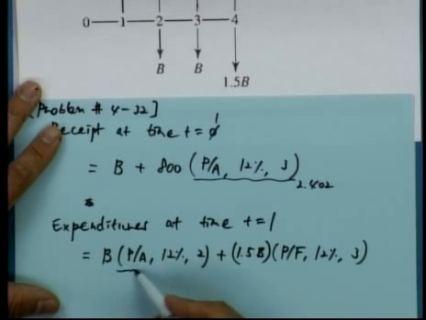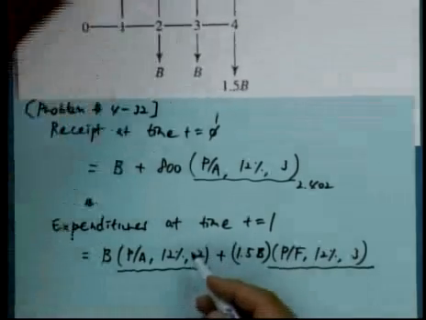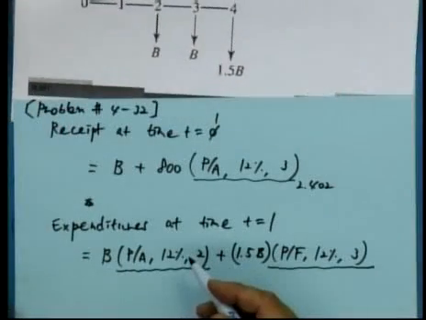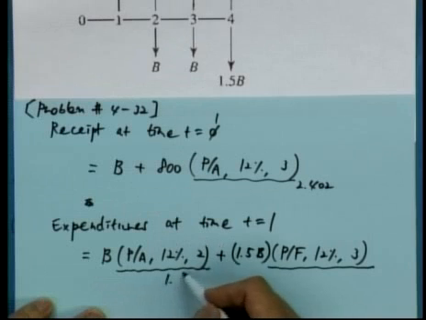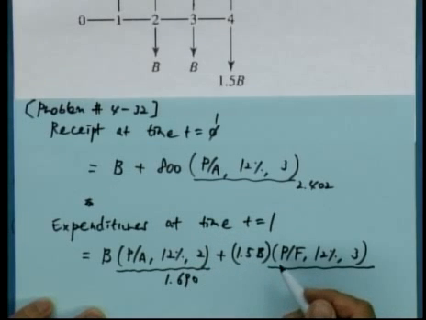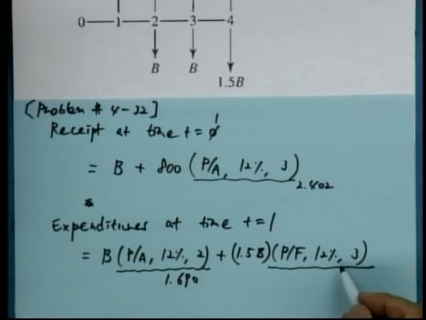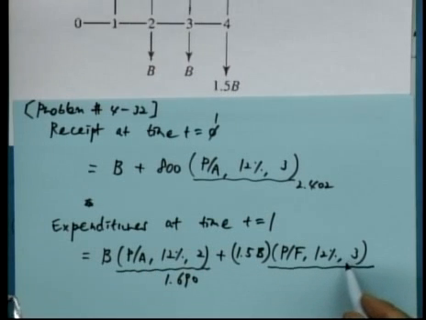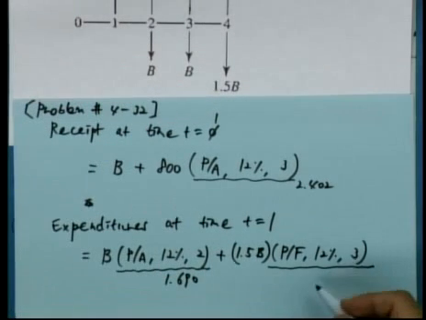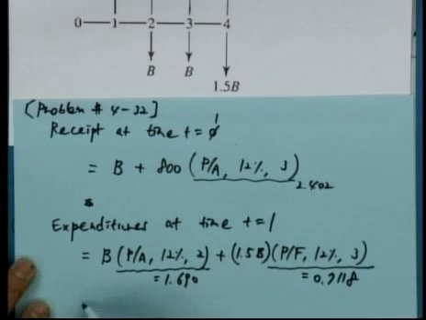And we need to get these two factor values, 12% P given A over 2 periods, there's 1.690. P given F over 3 periods, 0.7118. So what is this?